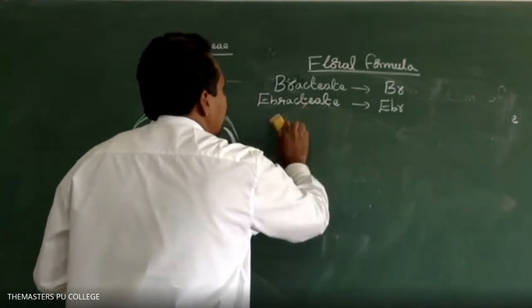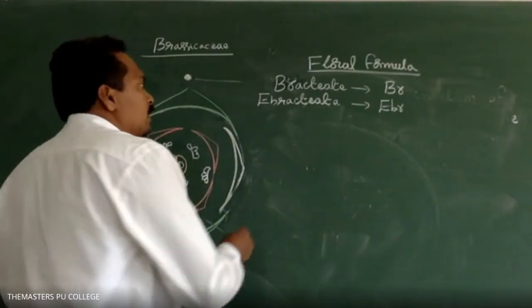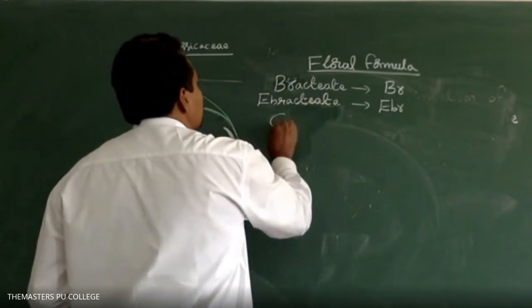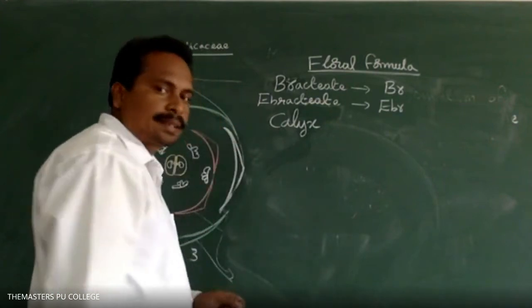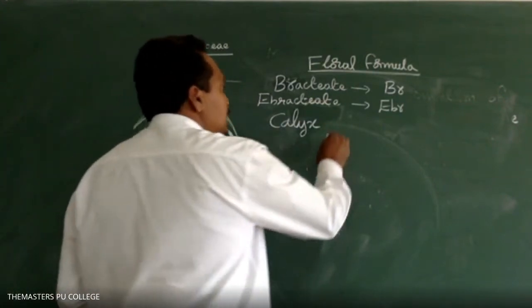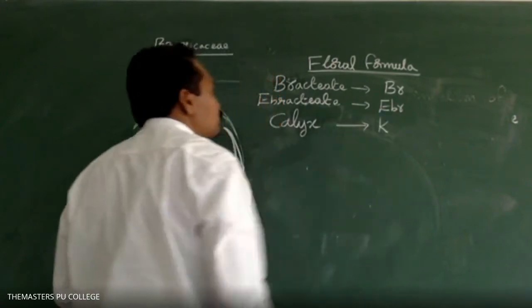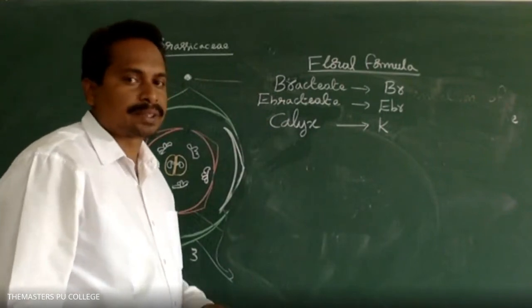What are the main parts of the flower? Calyx, corolla, androecium, and gynoecium. The calyx is represented by which alphabet?